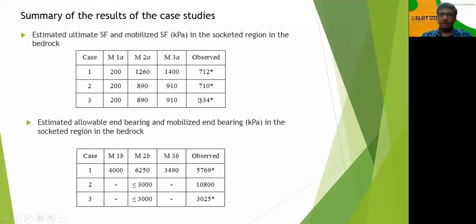Even in the weak rock conditions, these two being weak rock, you can see that you have mobilized 334 kilopascal. These are the predicted values from the 3 methods. Even for weak rock conditions, the 200 given in the CEDA guidelines or the ICTAD guidelines is not sufficient.